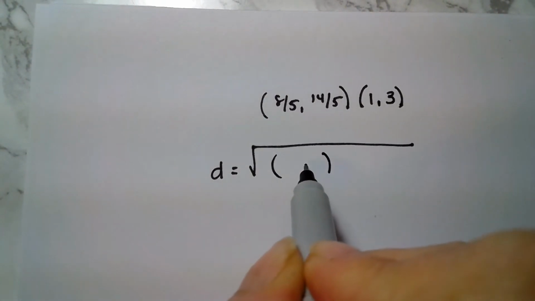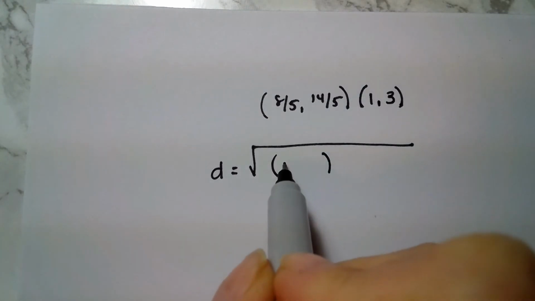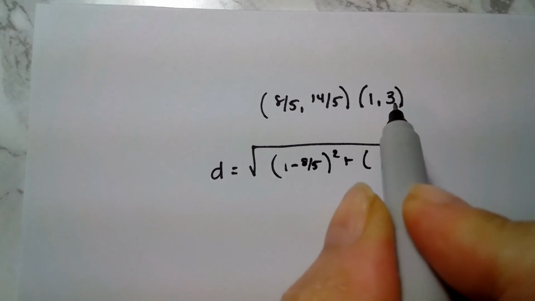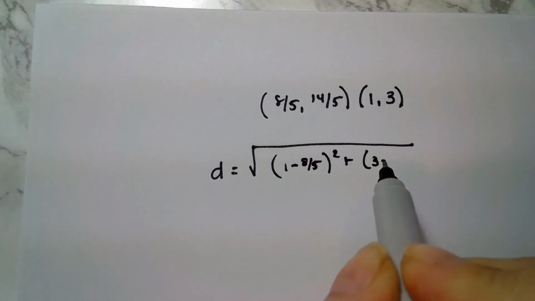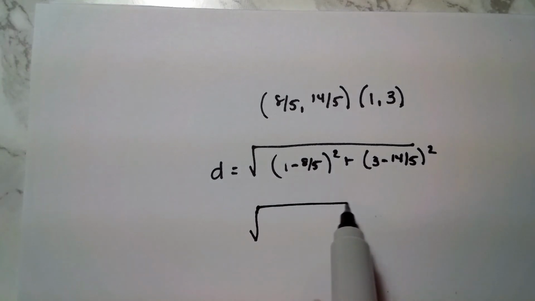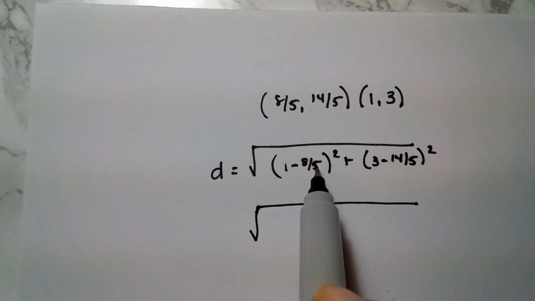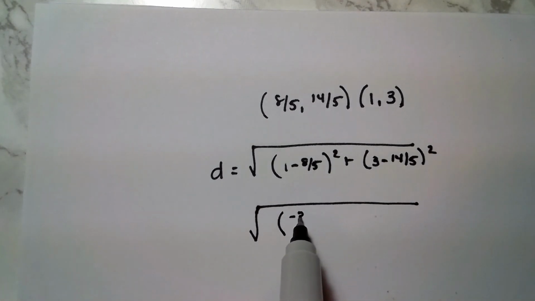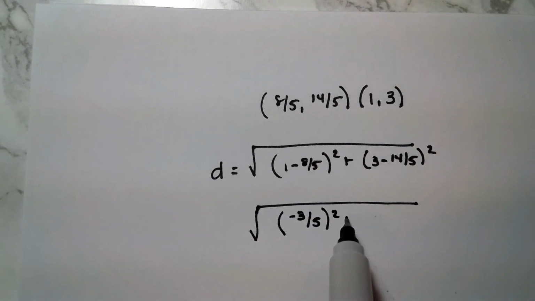So remember, it's x1 minus x2 squared, so 1 minus 8/5 squared, plus y2 minus y1 squared. I've got to clean up these fractions in here. This is 5 minus 8, or negative 3/5 squared.